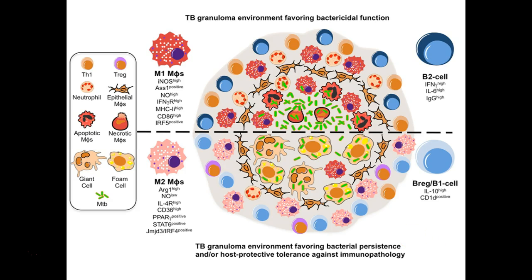So what's happening here, y'all? What is this cell right here? It says it's a giant cell, but what is it? It's a macrophage. The little green things are the bacteria, in this case tuberculosis, Mycobacteria tuberculosis. That's a macrophage, right? These are macrophages. What are they supposed to be doing to that bacteria?